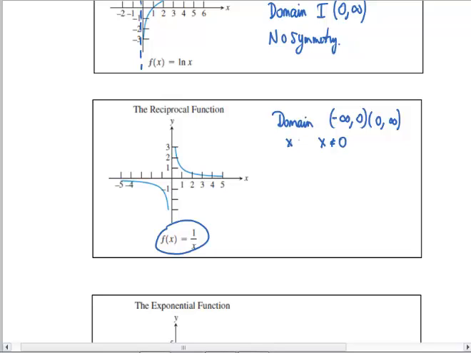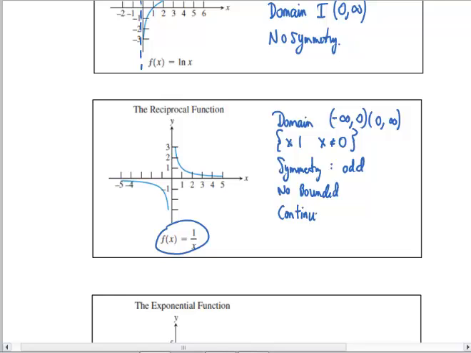So it would be x such that x cannot equal 0. Symmetry, you guessed it, odd. It's not bounded.